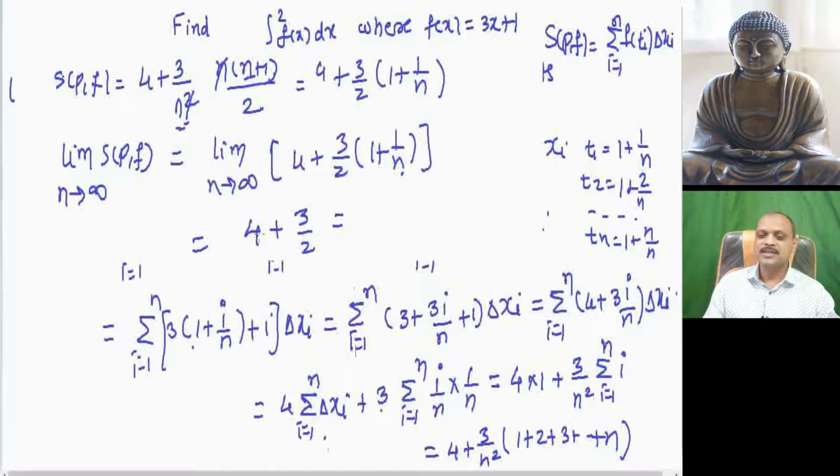So here we have 4 plus 3 by 2 into 2, that is 4 into 2 is 8, 8 plus 3 is 11, 11 divided by 2. Therefore finally we get that the integration of f of x between the limits 1 to 2 is equal to 11 divided by 2.